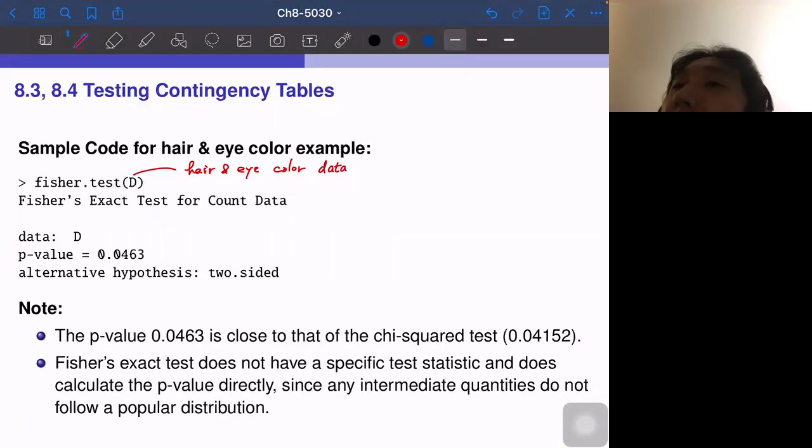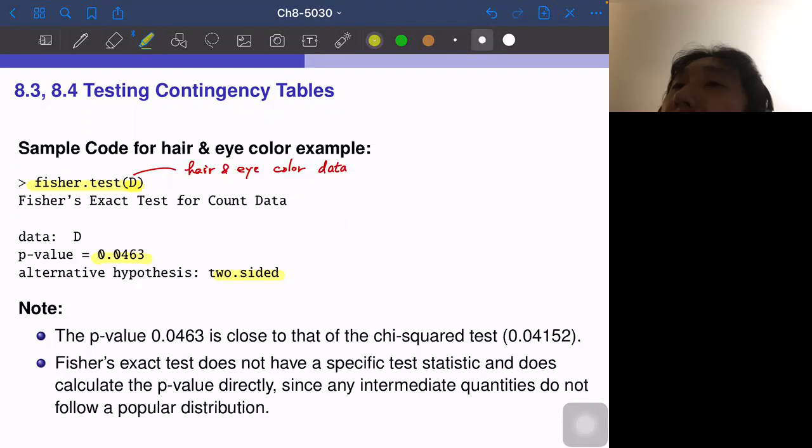And here is an example for Fisher's exact test. The data is the hair color, eye color data, the same as the chi-square test example. And the fisher.test function does Fisher's exact test. Since we directly calculate the p-value, the output is only the p-value. And the alternative hypothesis is two-sided, which is almost always the case.